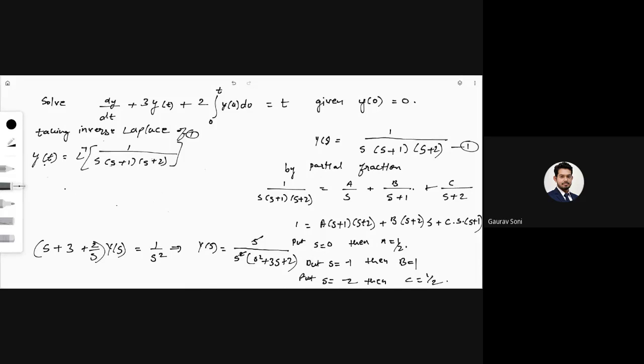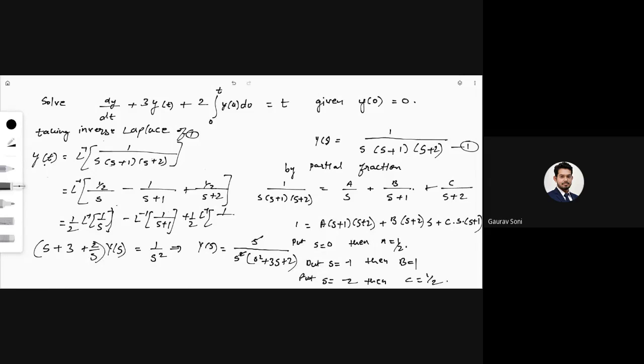By partial fraction, we have got this as Laplace inverse of 1 by 2 upon s minus 1 upon s plus 1 plus 1 by 2 upon s plus 2. Laplace inverse separates over addition and subtraction. So 1 by 2 Laplace inverse of 1 by s, minus Laplace inverse of 1 upon s plus 1, plus 1 by 2 Laplace inverse of 1 upon s plus 2.